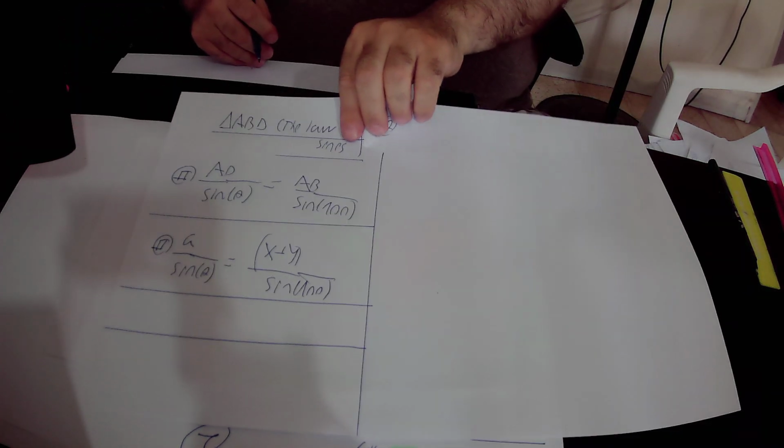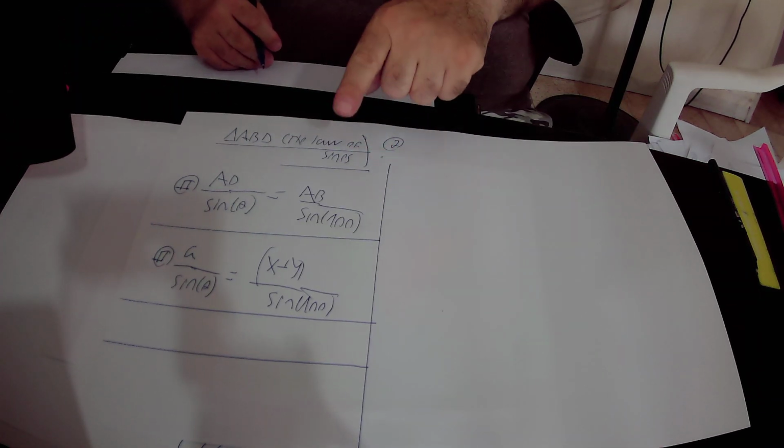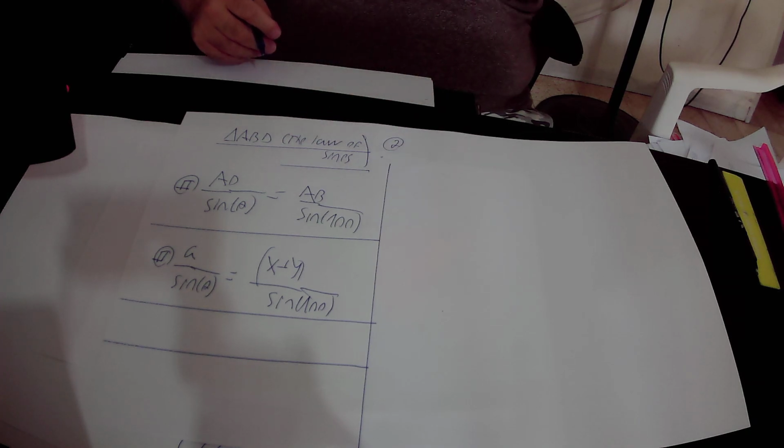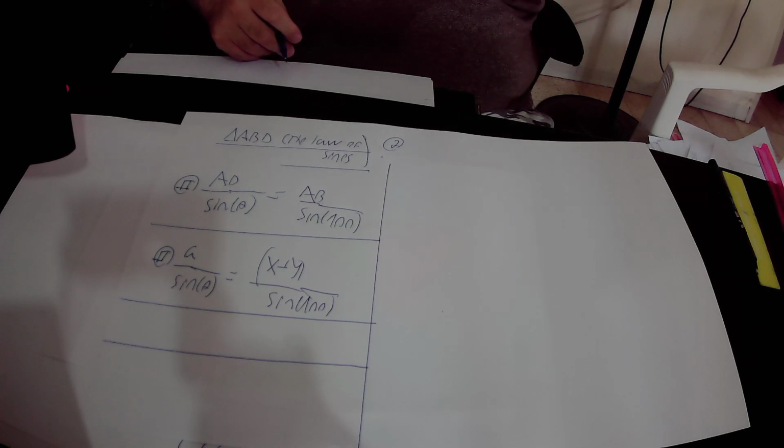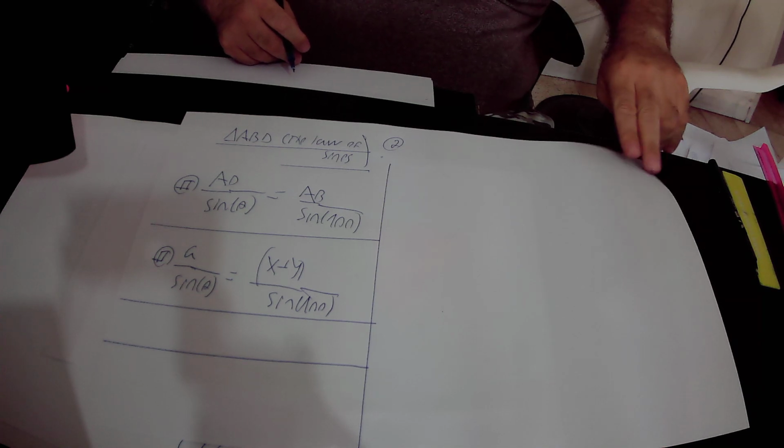So we actually found out that according to equation number 2, A over sine theta equals x plus y over sine 100 degrees. In the next step, we will substitute A, x, and y by the values that we found for them.